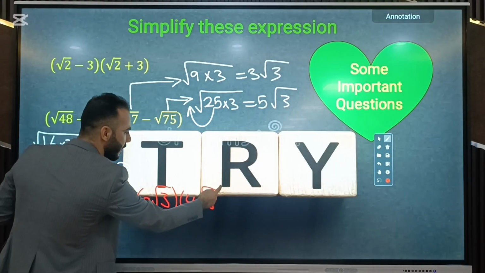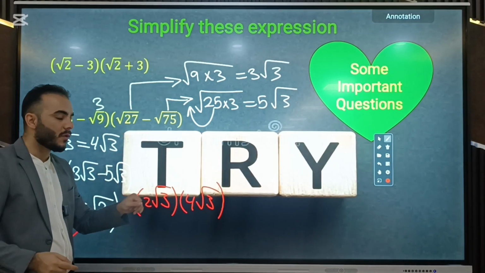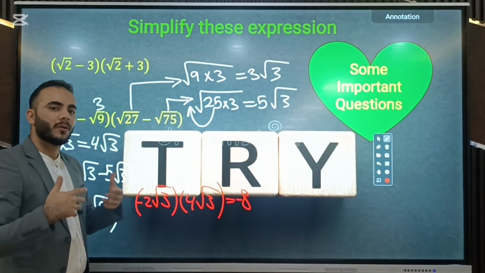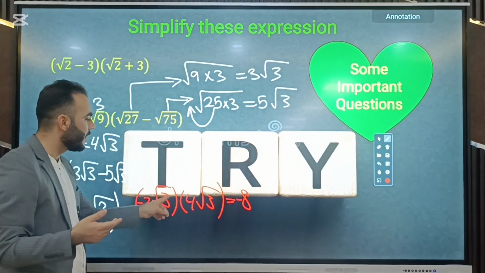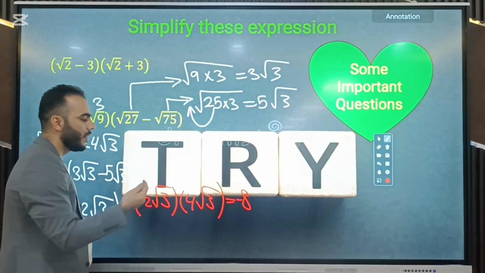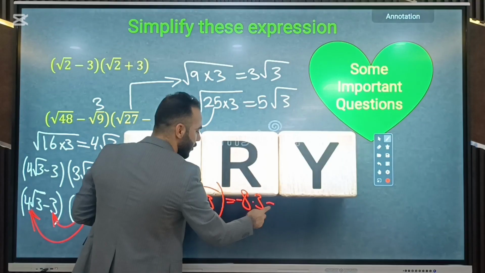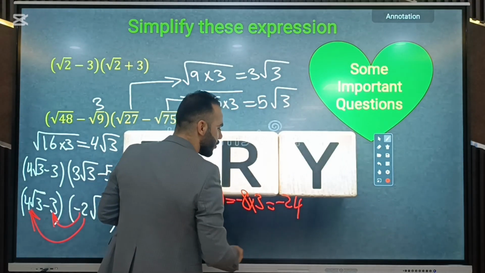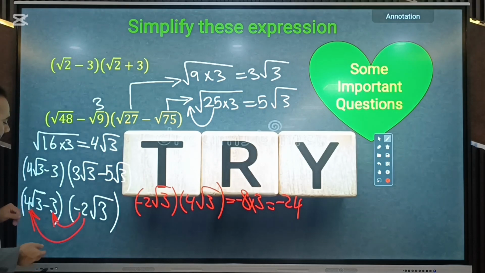Negative 2 times 4 is negative 8. In multiplication, we are allowed to multiply the square roots. Square root of 3 times square root of 3, again by the property of square roots, they are the same, so only 3 will remain. So negative 8 times 3 is negative 24. So we got negative 24 from the first one.